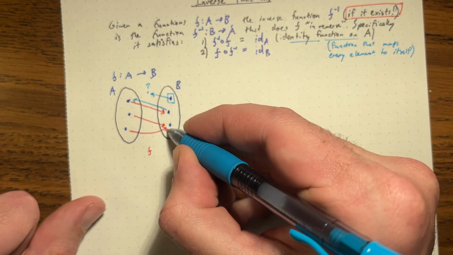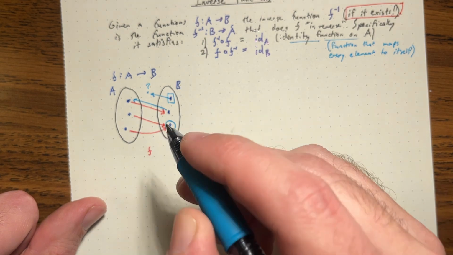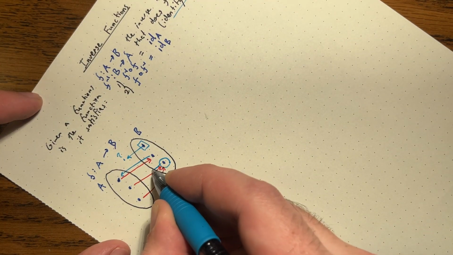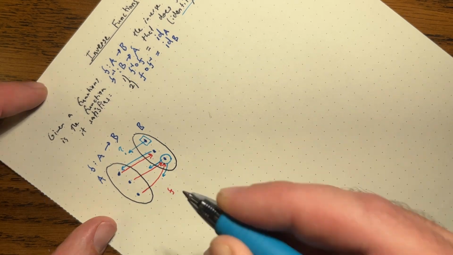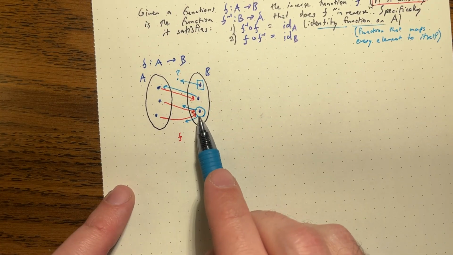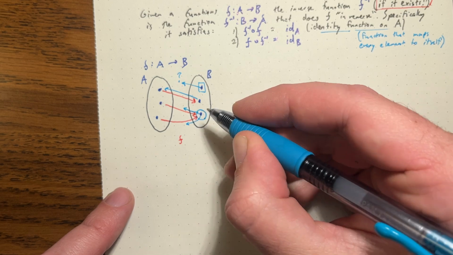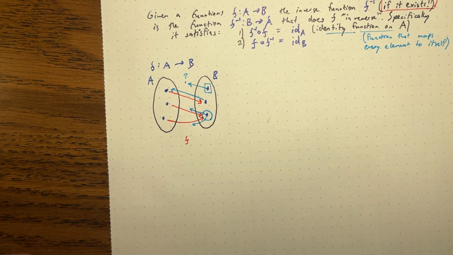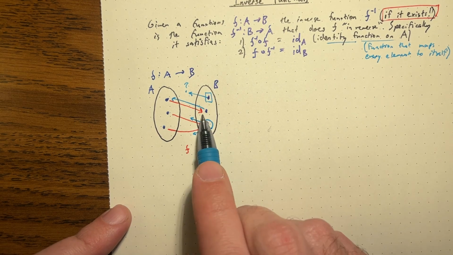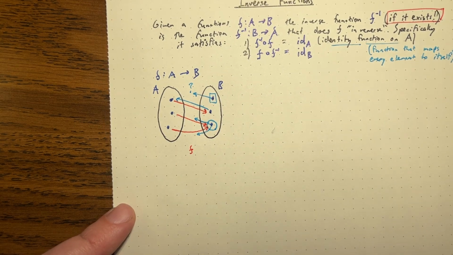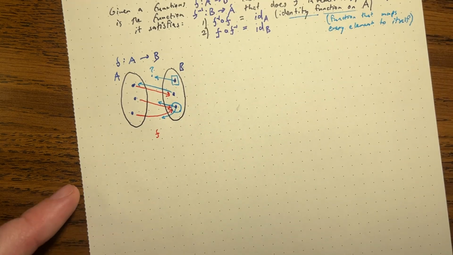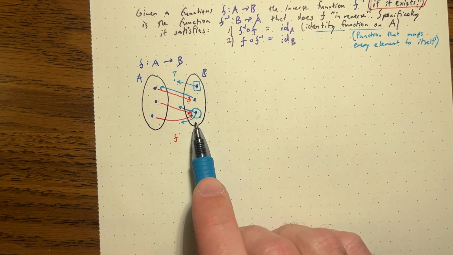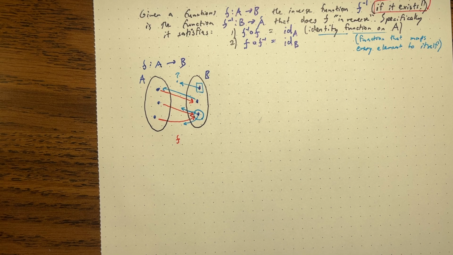The other problem we can see here, if we want to reverse the arrows, I'd have to reverse that arrow, but wait a second, that now has me sending one element of B to two different elements of A. Again, a function can't do that. A function would need to send every element of B somewhere to exactly one element of A, right? So there are two possible issues that can arise, and they're both shown in this picture.